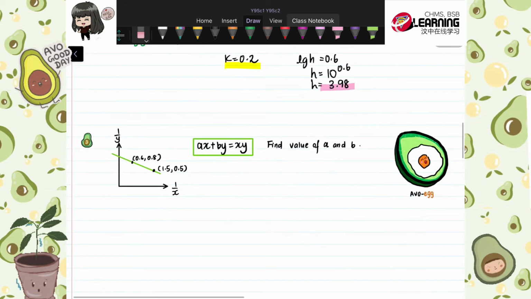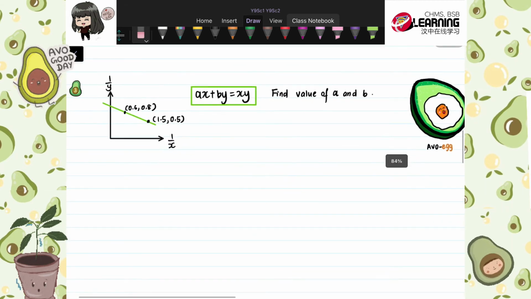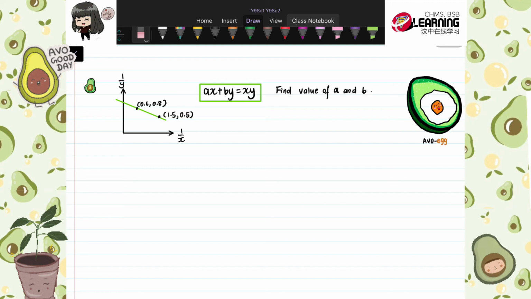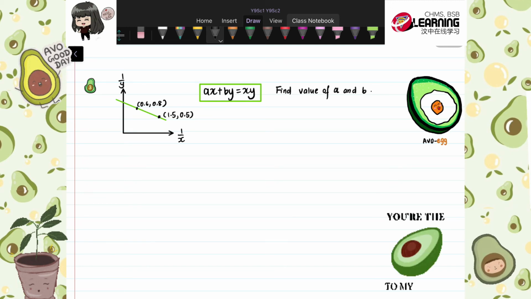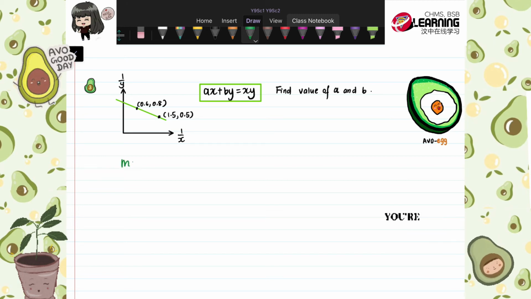Let's go to question number 3. So it's the same thing. We are testing you on how you're going to reduce this and how you're going to convert this. Okay. So find the gradient first.